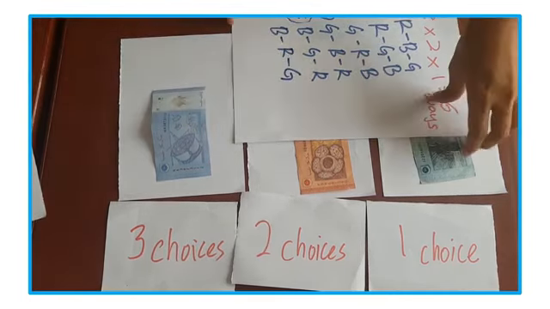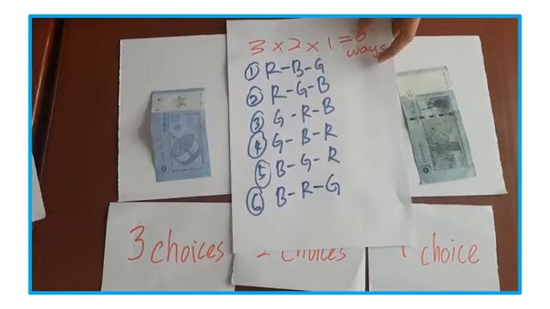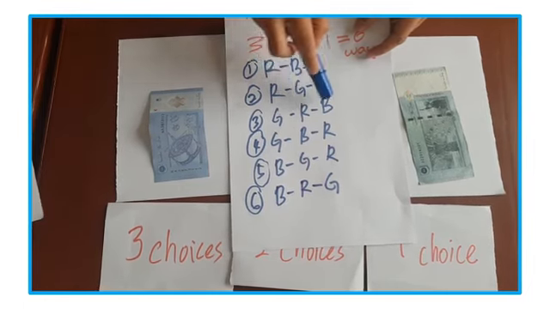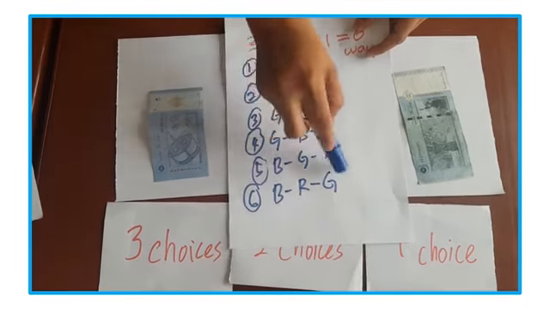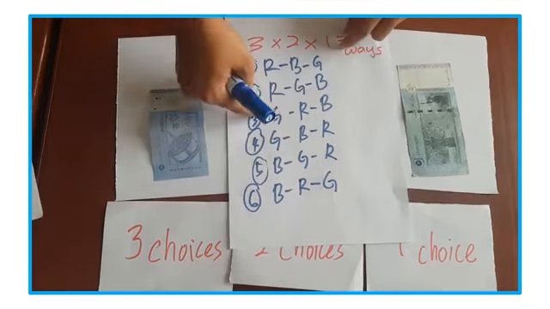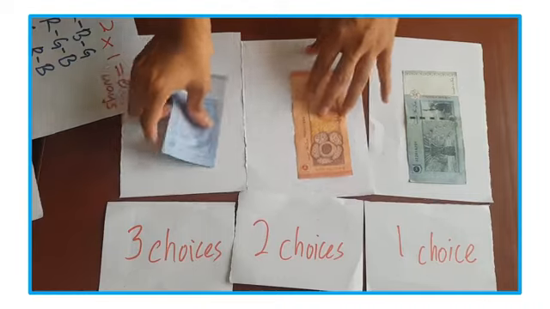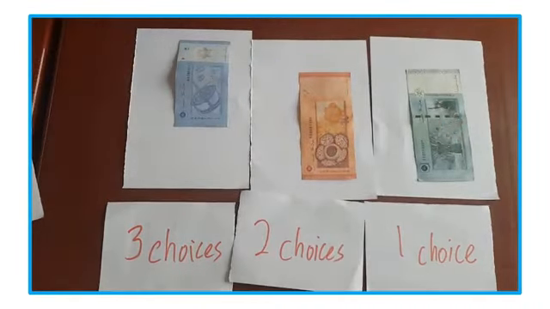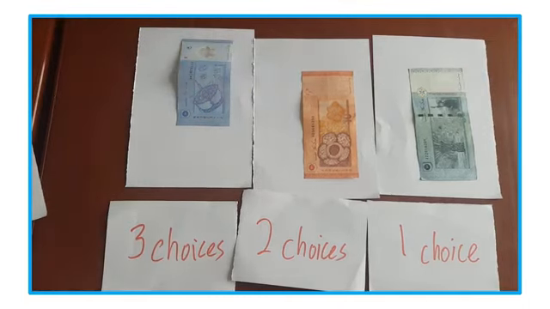So now you see we have 6 ways of arrangement: red, blue, green; red, green, blue; green, red, blue; green, blue, red; blue, green, red; blue, red, green. So you see there are 6 different patterns to arrange these 3 different color of knots. Understand? That is the simplest example.